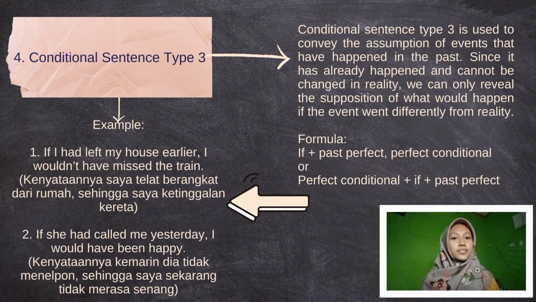The next example is, if she had called me yesterday, I would have been happy. Namun kenyataannya kemarin dia tidak menelpon saya, sehingga saya sekarang tidak merasa senang, atau saat ini saya tidak merasa senang.